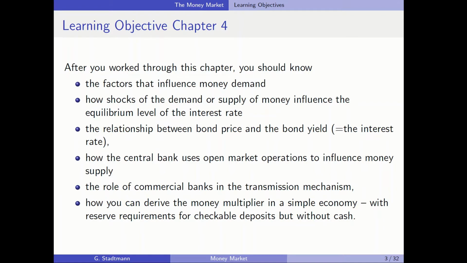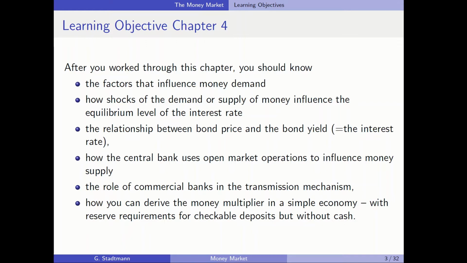After you've worked through this chapter, you should know the factors which influence money demand, and you should be able to explain how shocks on the demand side of money or the supply side of money influence the equilibrium level of the interest rate. You should also be able to talk about the relationship between the bond price and the bond yield, which is the interest rate.